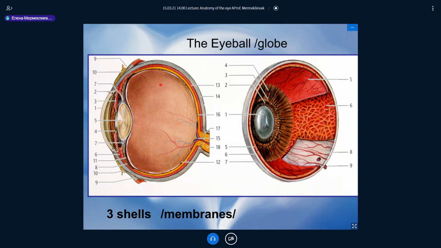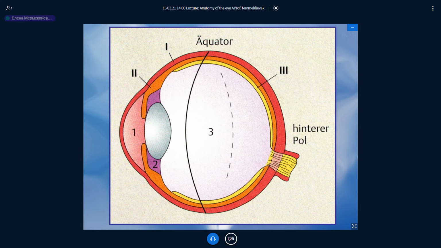Inside the eye is not empty. It has the anterior chamber, posterior chamber, the lens, and the vitreous body.